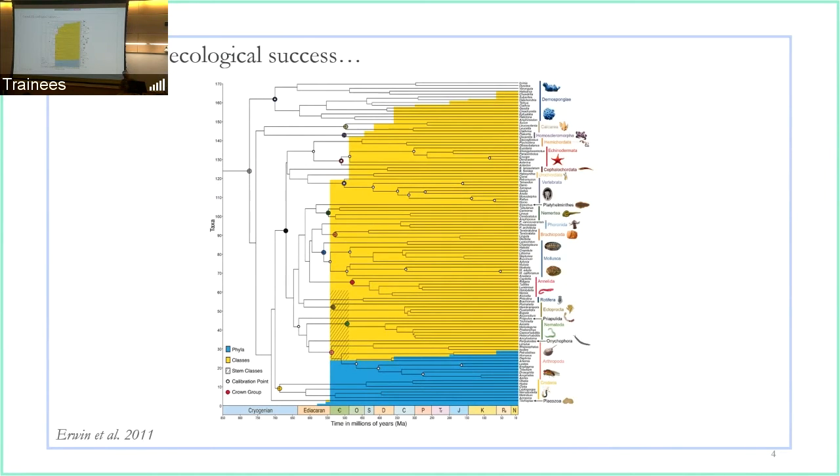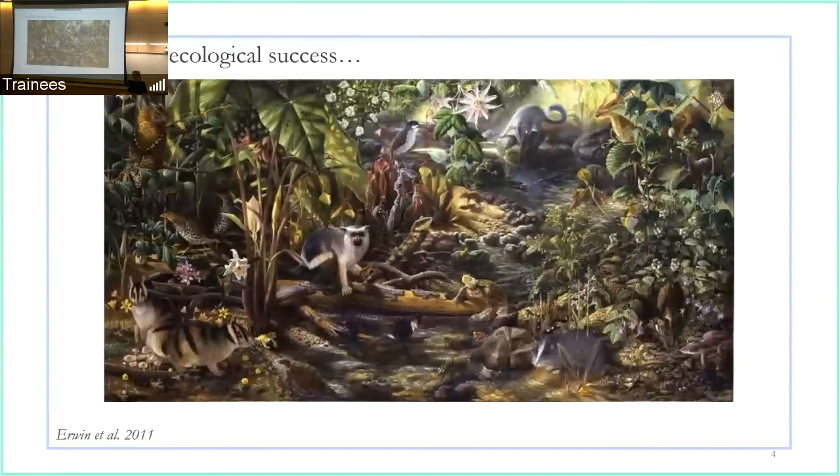So this simple transition to having more cells really increased the number of organisms and the types of organisms that we could have, until the ecosystems that we have today. And of course, this was after millions of years of evolution. But I'm really interested in understanding how did we get there.